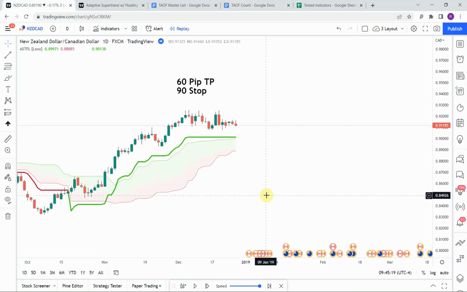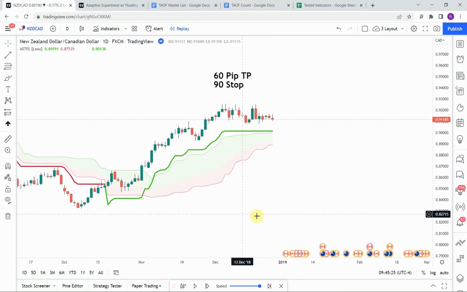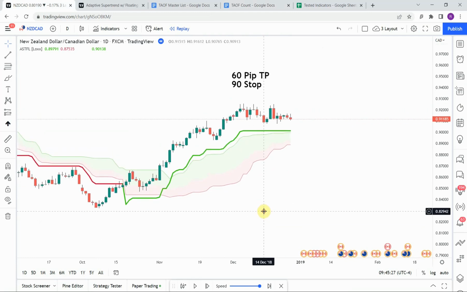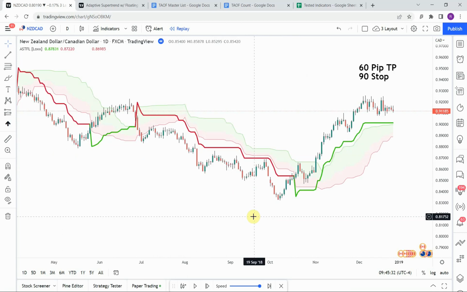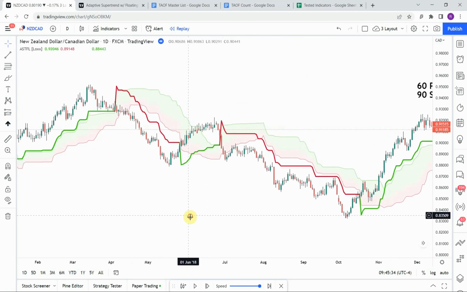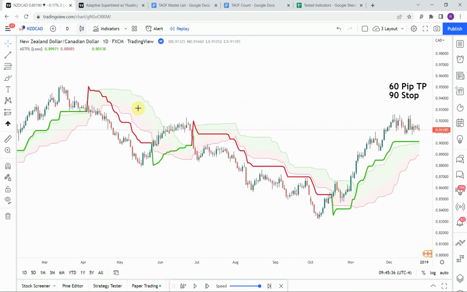Okay, so today's indicator is the adaptive super trend with floating levels, and you can see it here on screen. Essentially it is the standard super trend. There isn't much changed as far as the super trend line itself.